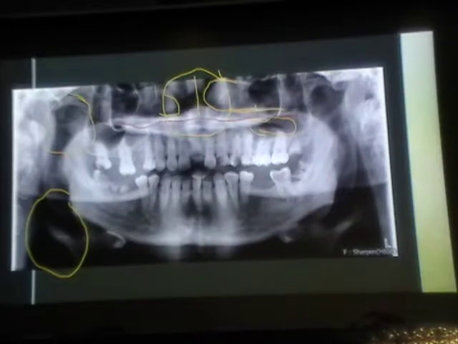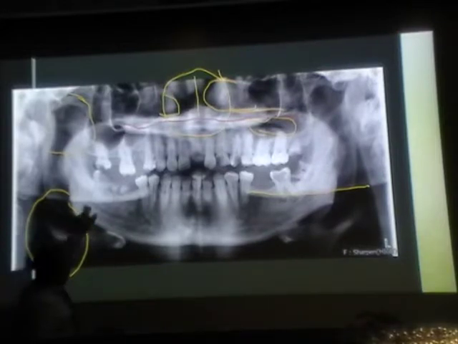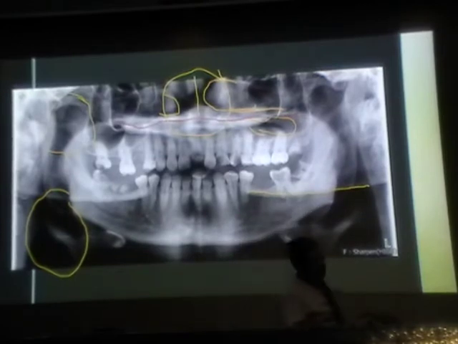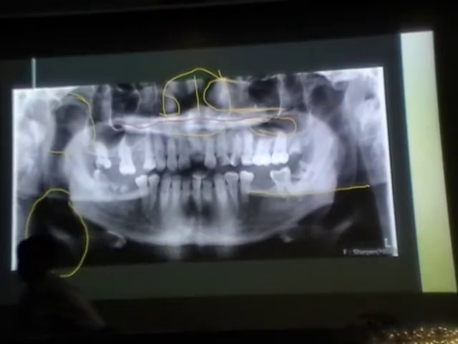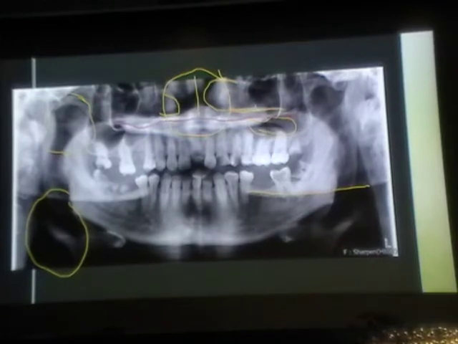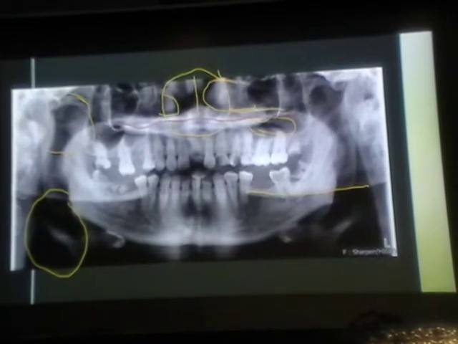How about this one? What do you think is this structure here? No, the white line. This white line. It's a ghost image of what?